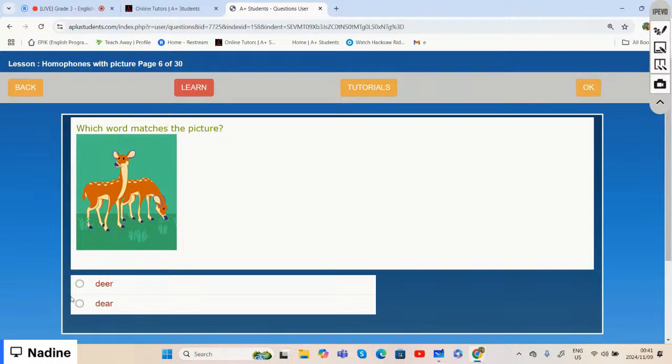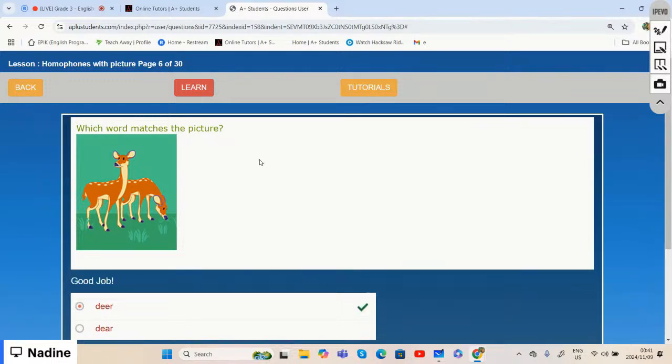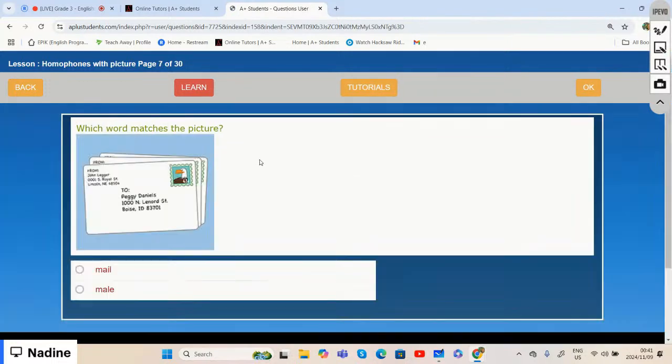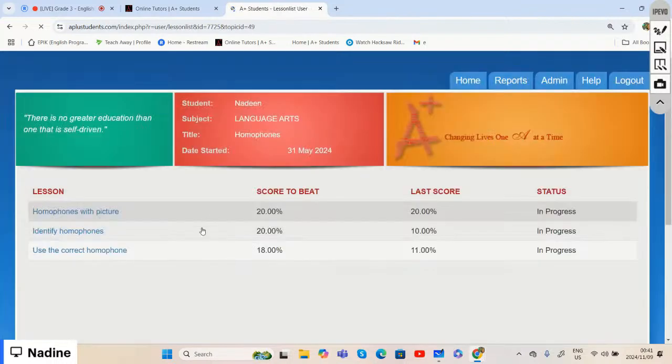Yes, well done. And if we were to choose a word that matches the picture, then we'll go with option one. It's a deer, an animal. The other, DEAR, is like saying dear or my dear. So well done. Let's go to the next one.